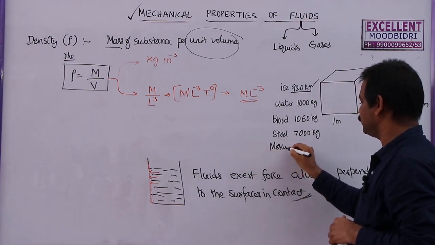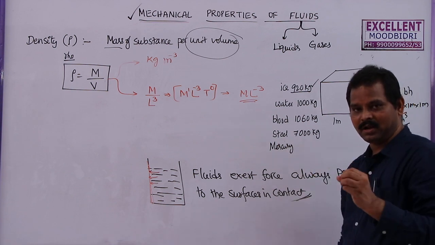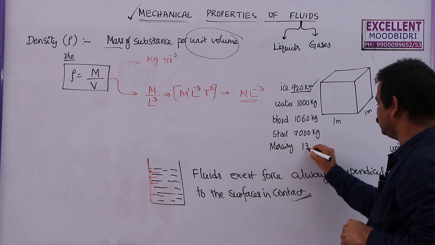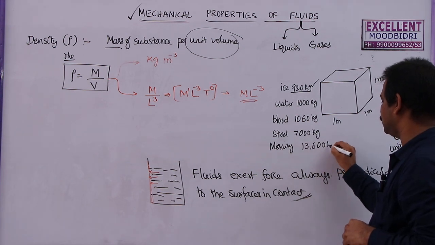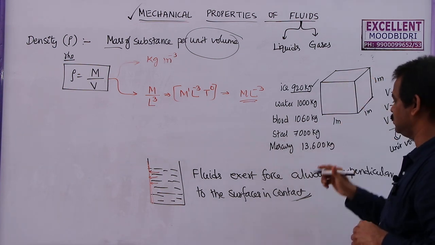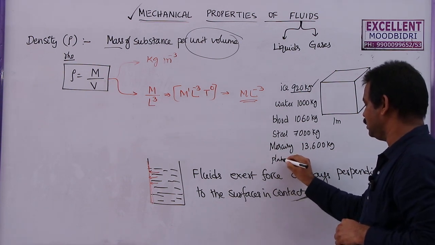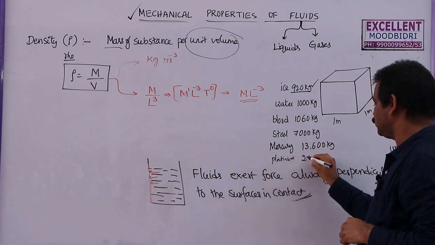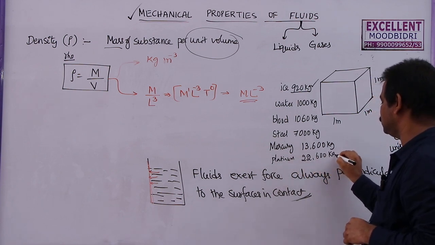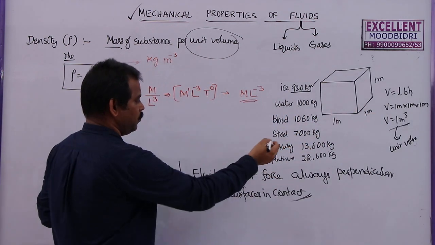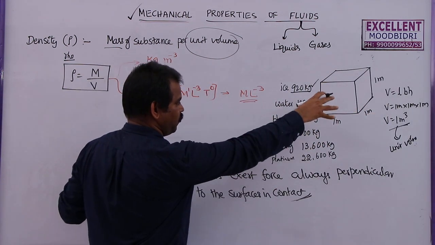And if you take mercury, mercury is also a metal. The only metal in liquid form is mercury. It is found that 13,600 kgs of mercury can be filled in this. Similarly, if you take platinum, nearly 22,600 kgs of platinum can be filled. These are the different masses of substances in the same volume.